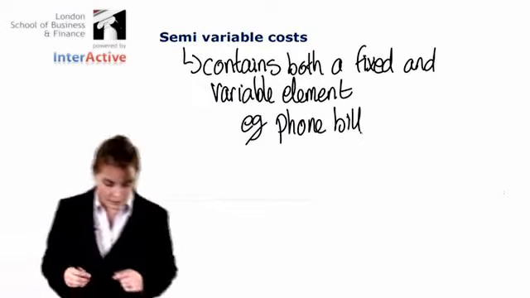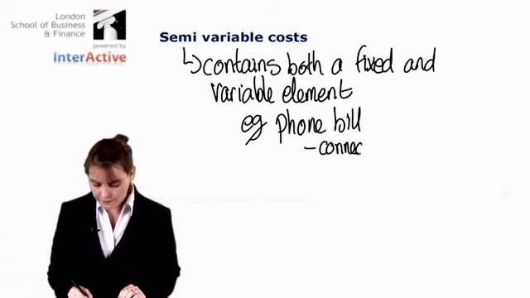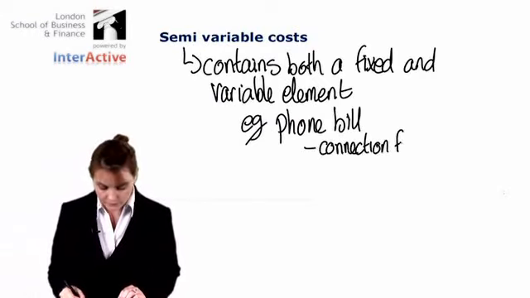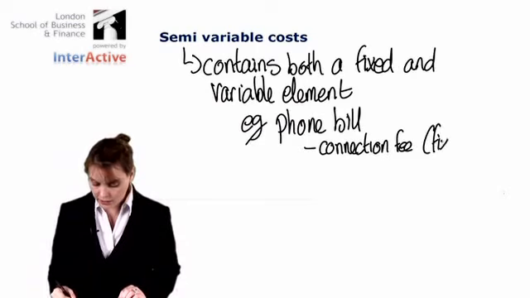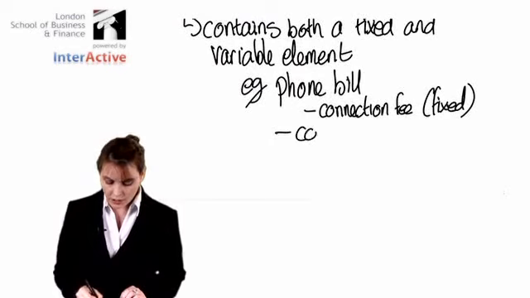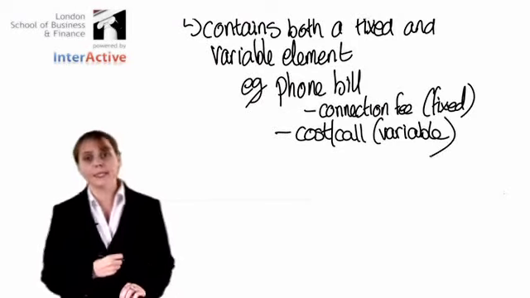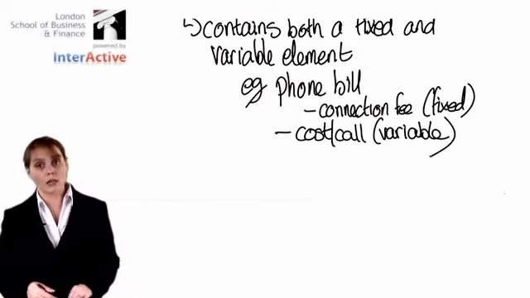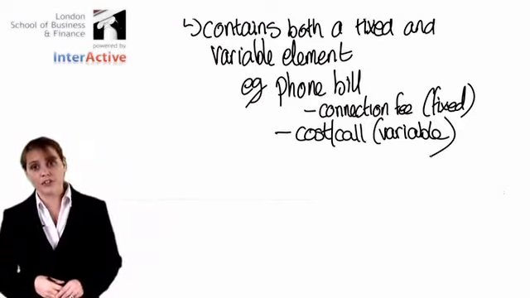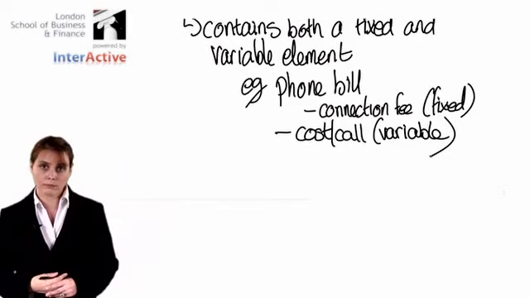So in my phone bill then, I can split it out into two elements, the connection fee, which is fixed, and the cost per call, which is usually the much higher part of my phone bill, and this is a variable cost. It's going to increase or decrease depending on how much I use my phone.